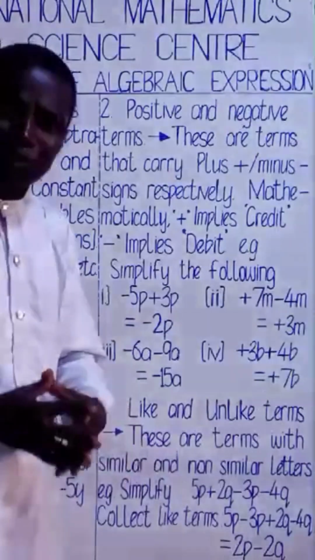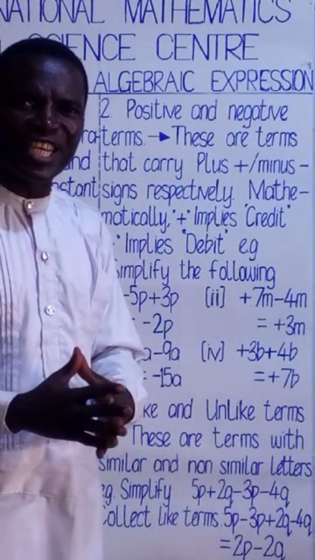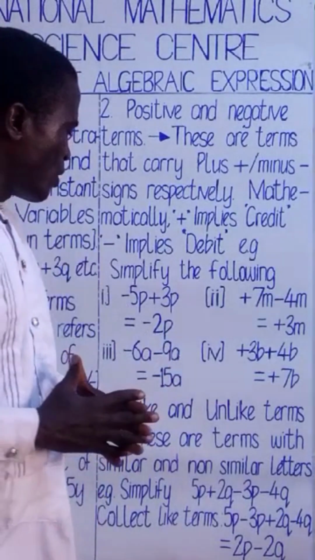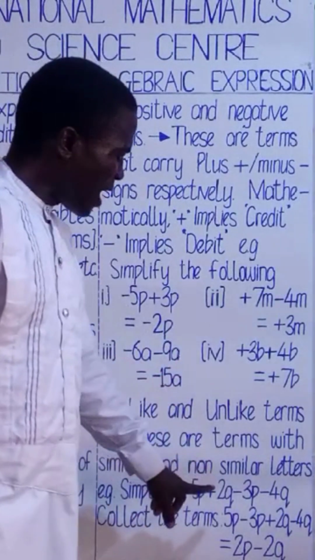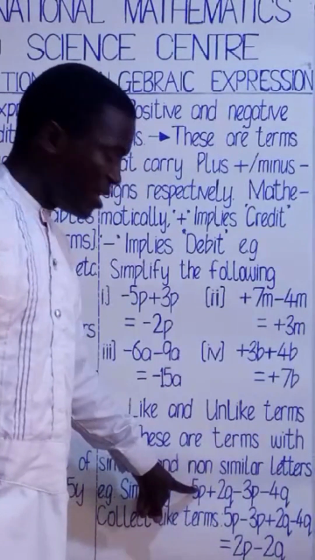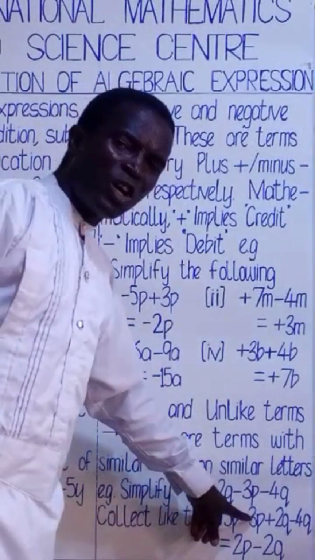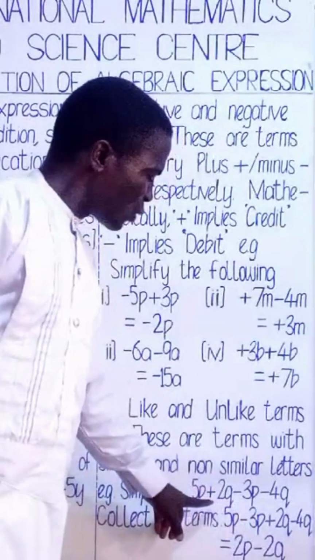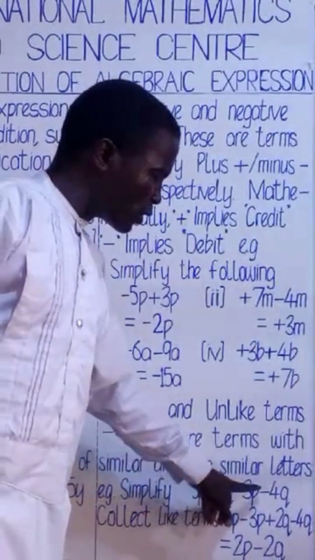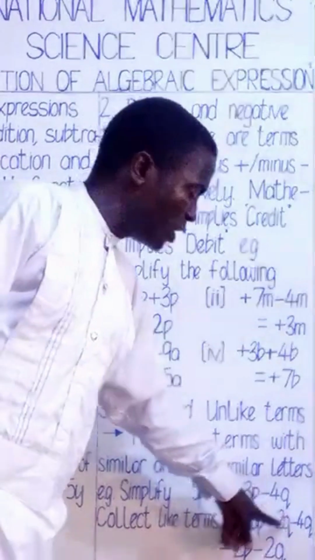To solve this type of problem, you have to adopt the method called collecting the like terms. So 5p will be brought close together with minus 3p, and plus 2q will be brought close together with minus 4q, and that is what is done here.